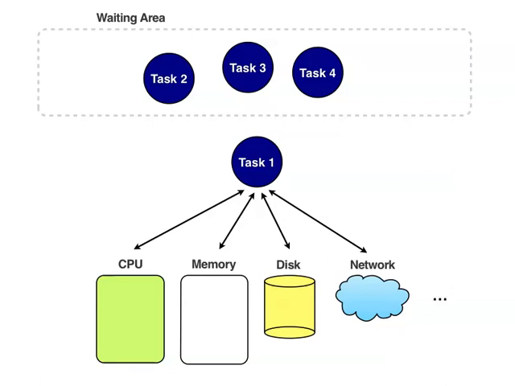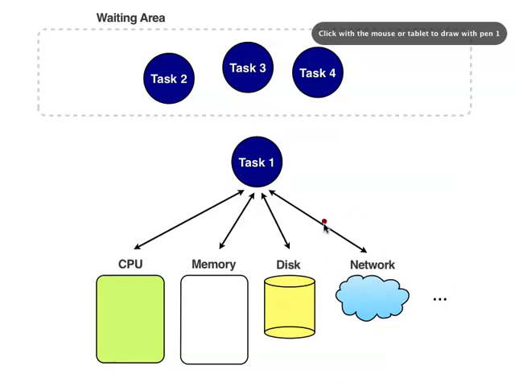Okay, so let's say that I have one task 1 over here that is currently running, and when a task is running, it is running on the CPU. It has some data and code stored in the memory. It might be reading and writing to the disk. It might be sending and receiving data over the network.